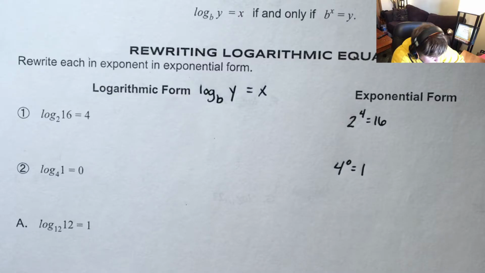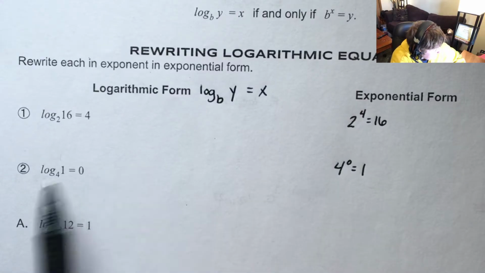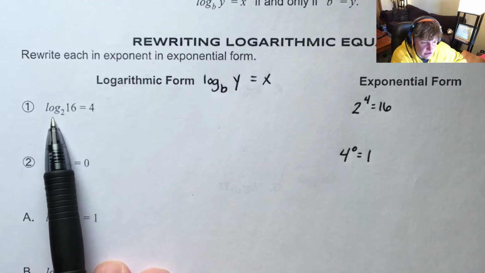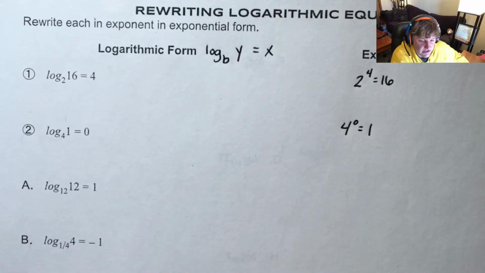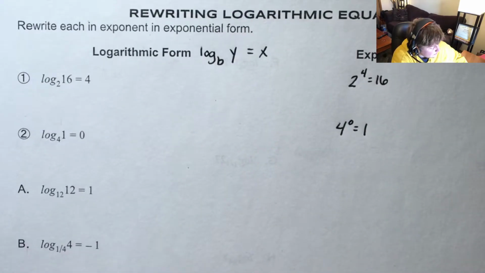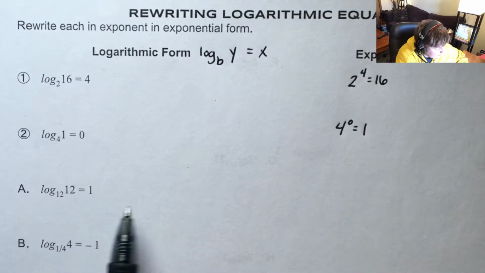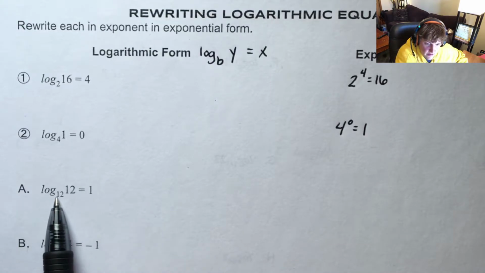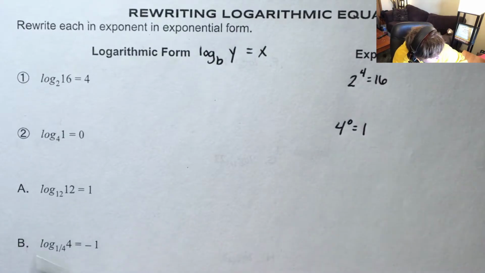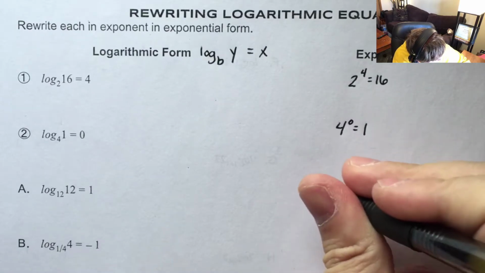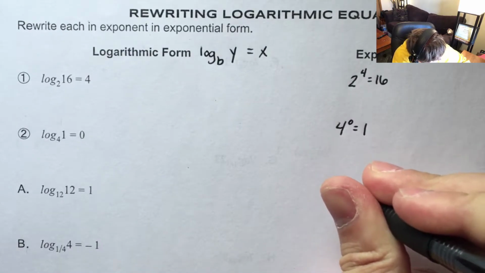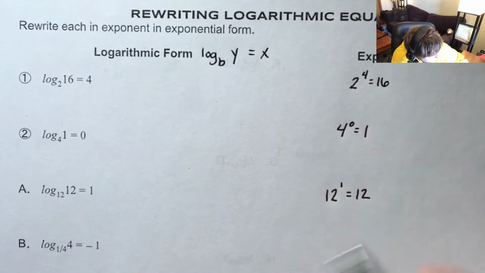That's about it for this particular section, so let's pause the video and try the next two on your own, rewriting them in exponential form. When I have this, it means I'm raising the base 12 to the 1st power, and that's going to be equal to 12.